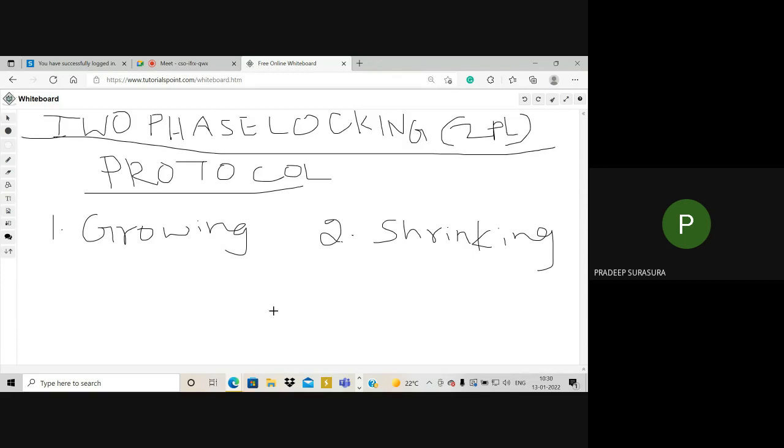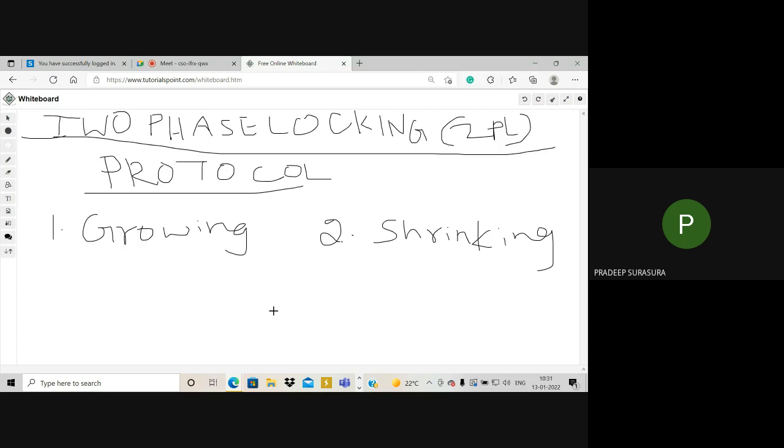A read lock can be applied to multiple processes simultaneously, so in the growing phase multiple processes can acquire a read lock simultaneously.